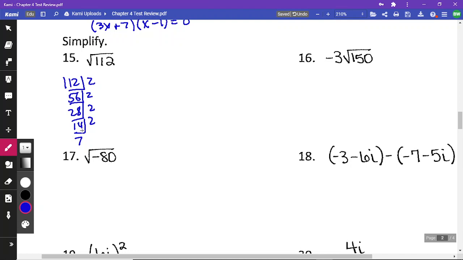So what we have outside the radical is a couple of 2's, since we have 2 groups of 2's actually. So each one of those is a 2 outside the radical. So outside we have 2 times 2. Inside we have what's left, which is 7. So you have 2 times 2 outside is 4, times the square root of 7. And that is it.